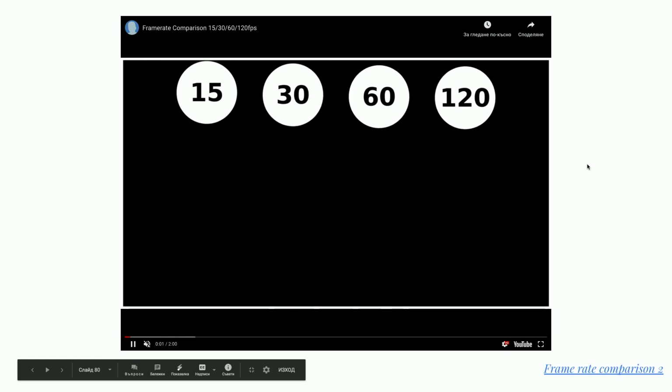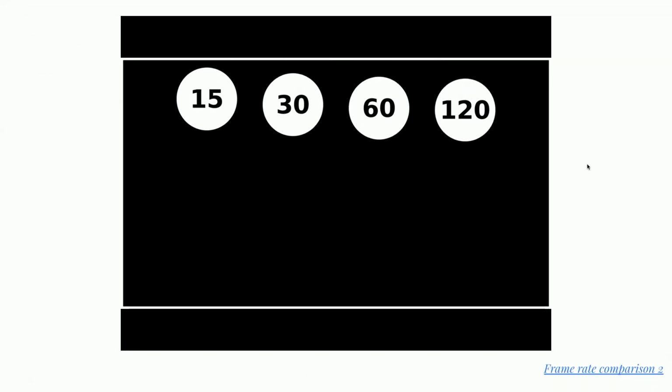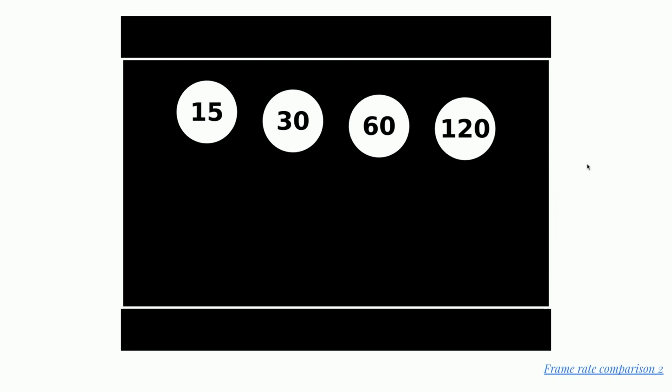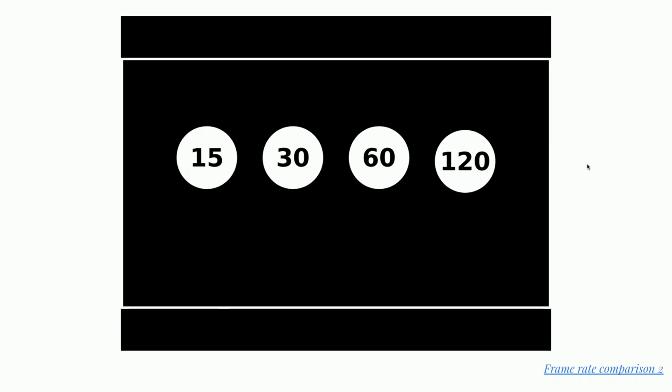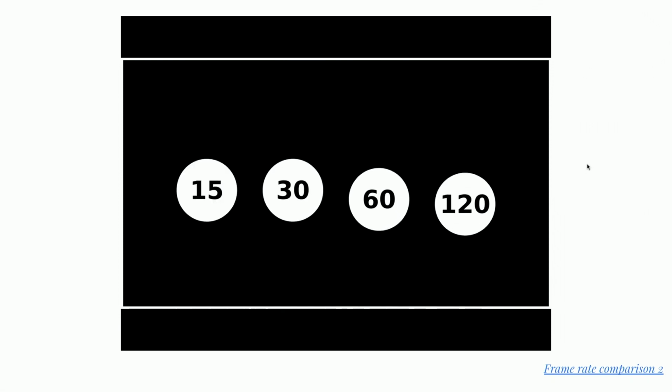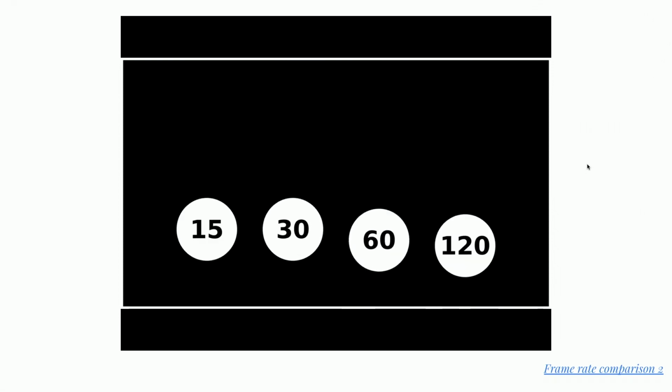You could see that 60 frames per second is much better than 15 or 30 frames per second. And as for 120 frames, well, you could see that it's even better. So if we do much work on the main thread, we could have dropped frames, and this would not be so good for the users of our application.